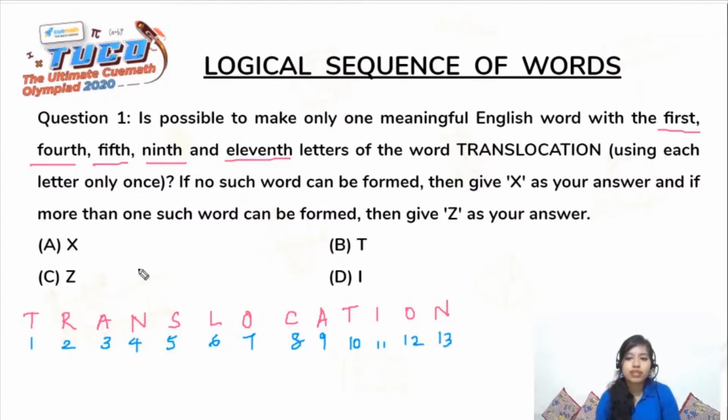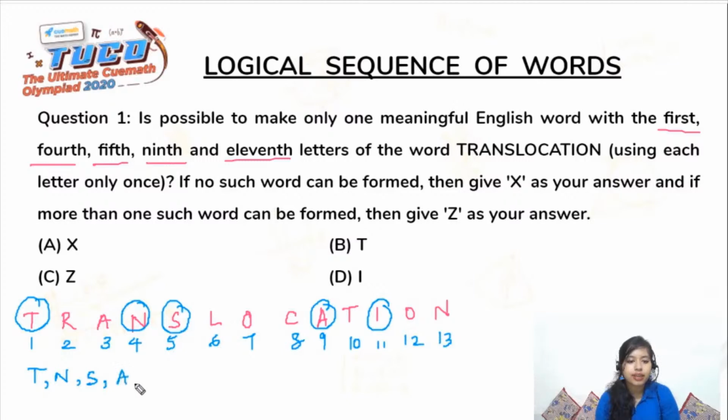So what are the ones we need? We need the first one, we need the fifth one, and then we need ninth, which is A, and we need 11th, which is nothing but I, right? And is there anything else? And we need fourth as well, right? We missed out on the fourth one. Yes. So we need T, N, S, A, and I.